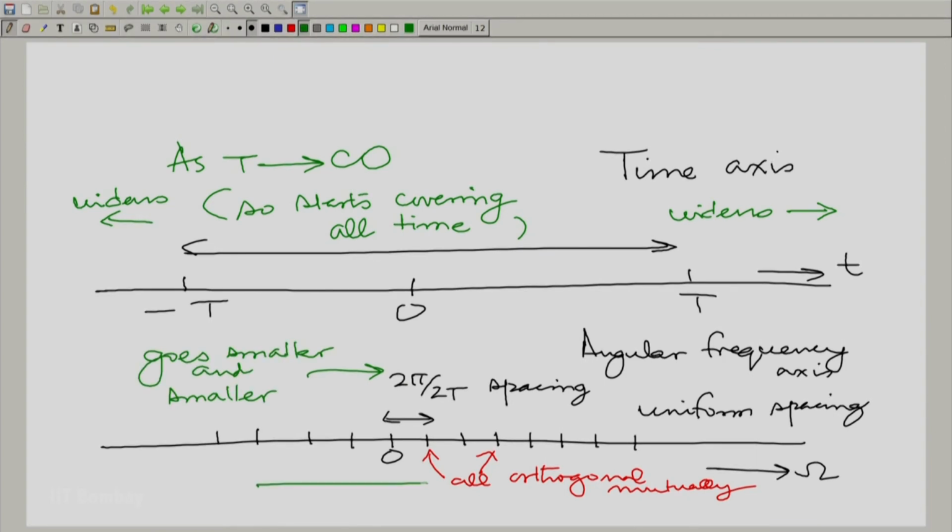However, this orthogonality continues, this mutual orthogonality continues. So now we understand what is happening. As we take T towards infinity, you have frequencies coming closer and closer, and they are still mutually orthogonal. So the bigger you make capital T, the more the set of orthogonal frequencies you get, and in the limit, of course, as you go all over the real axis, the entire angular frequency axis comprises orthogonal components.